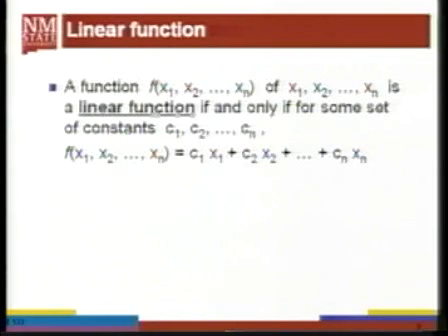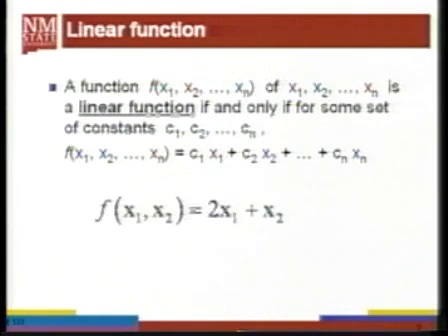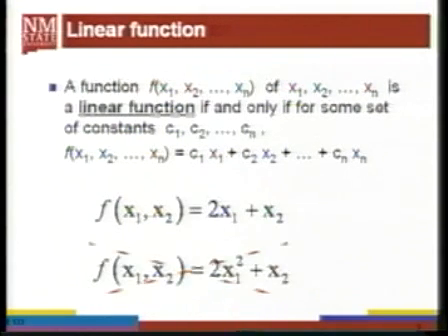The function f(x) is a linear function for a set of constants if this relationship is satisfied. So for example, f(x1, x2) = 2x1 + x2 is a linear function of x1 and x2, right? However, this function f(x1, x2) = 2 times x1 squared + x2 is not a linear function of x1 and x2.